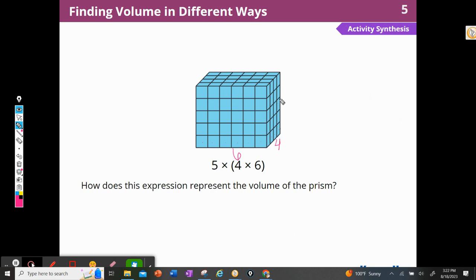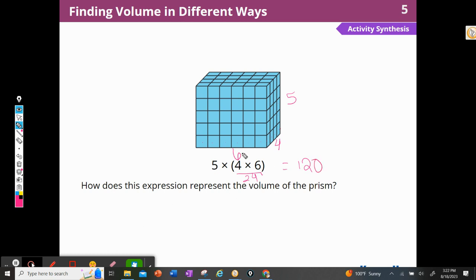And 1, 2, 3, 4, 5 going up. So if I multiply all 3 of these together, there's my 24 from the last problem I did. Remember we did 5 times 24. So if I multiply these 3 together, I should get the same answer I got before, which was 120.